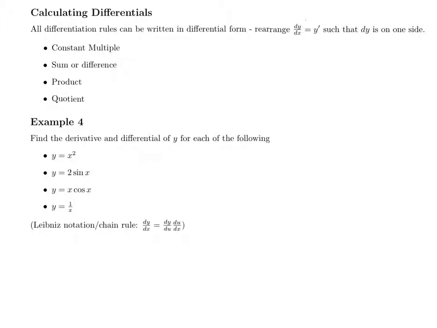All right, so we have a couple of rules for differentials. The first one, the constant multiple rule. If you want to know the differential of cu, where c is a constant, it's going to be equal to c times du. If you want to find the differential of u plus or minus v, where u and v are both functions, you're going to end up with du plus or minus dv.